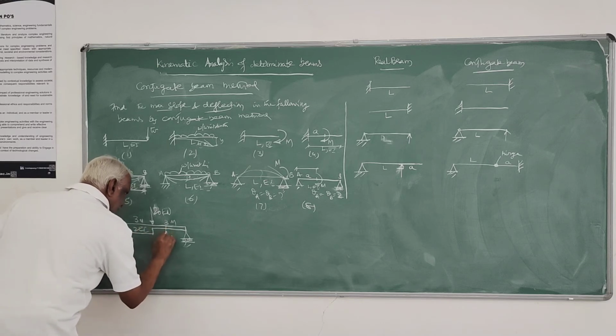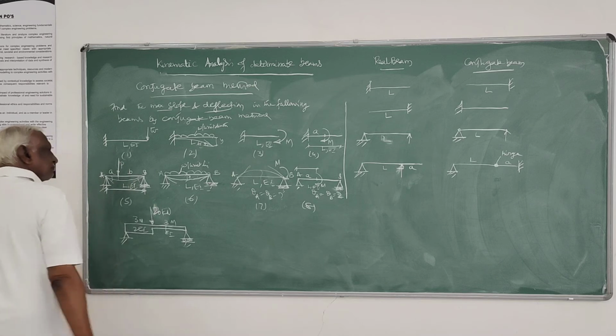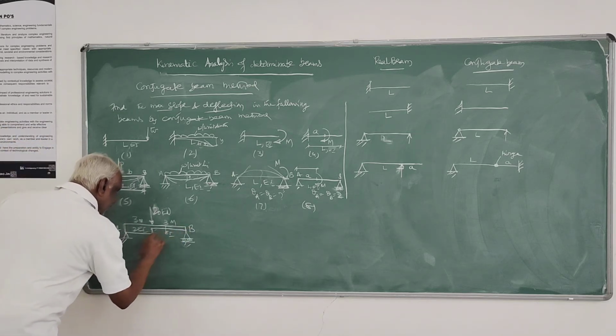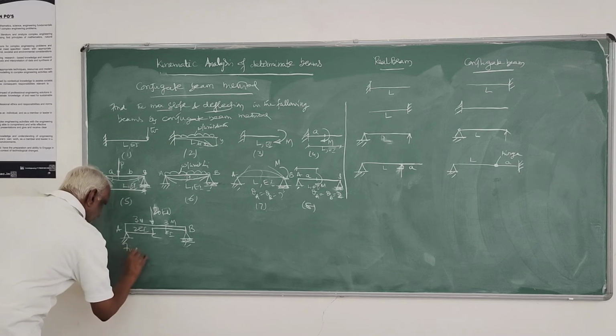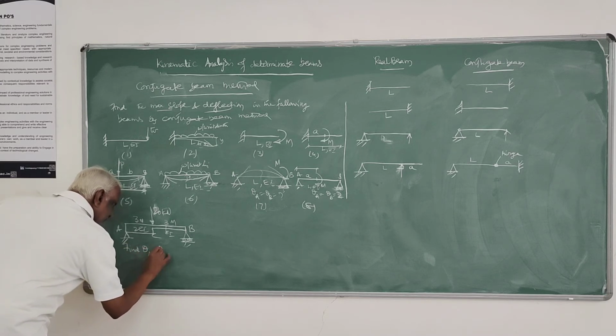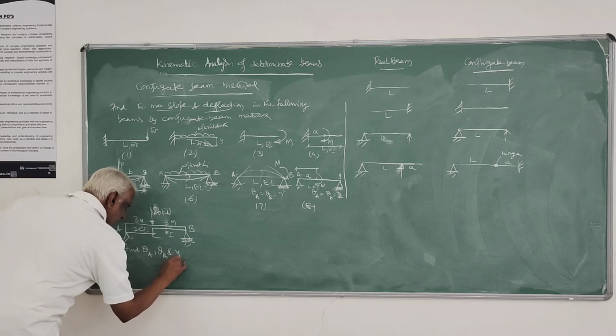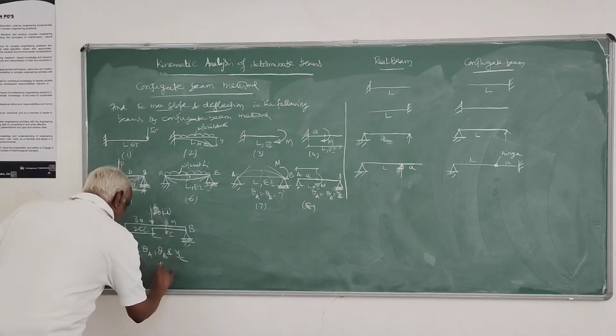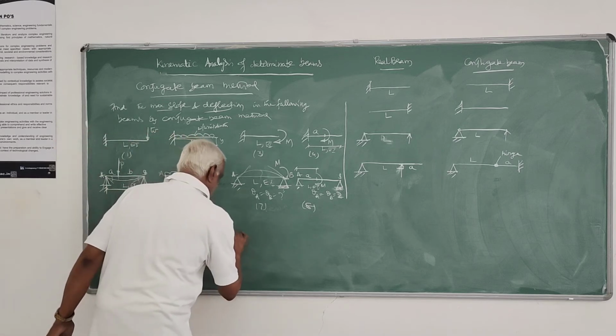So we can find theta A, theta B, and yC. Right. This is the 9th problem. Another problem.